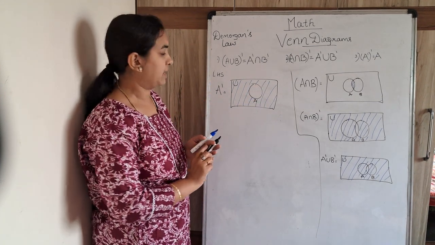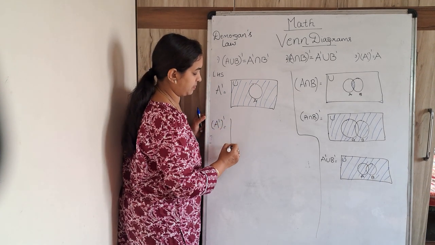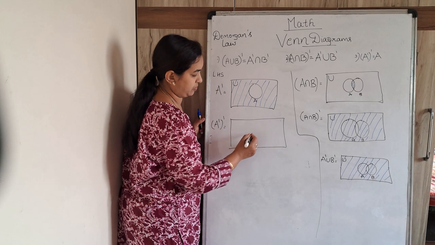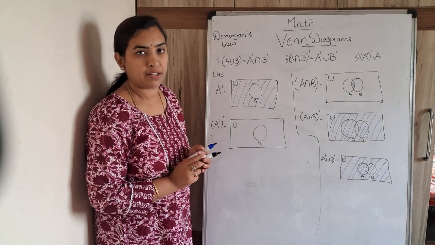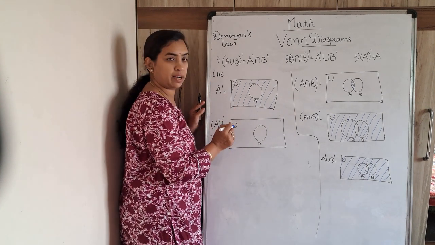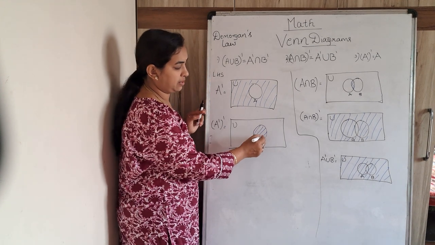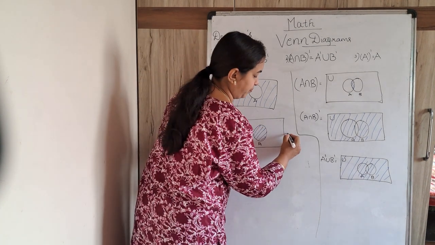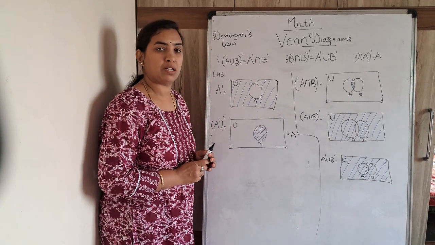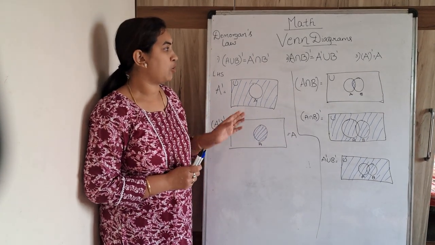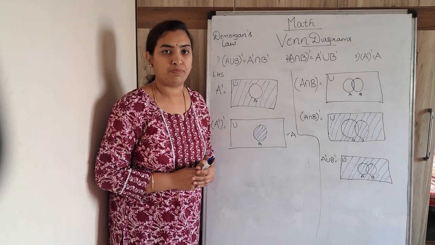This represents A dash. In order to represent A dash the whole dash, you need to shade only the set A and you should not shade the other parts of the universal set. So A dash whole dash is equal to A. This is how we draw Venn diagrams in order to prove De Morgan's law.